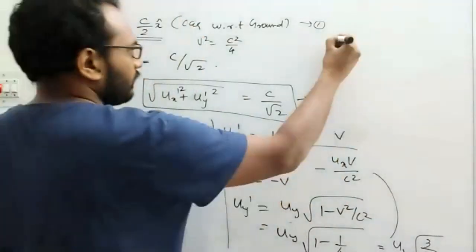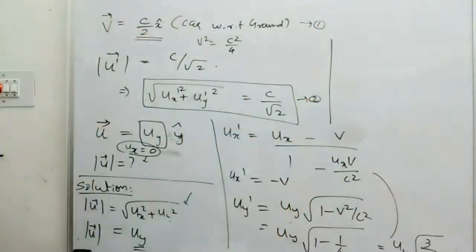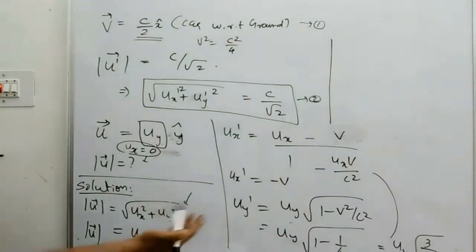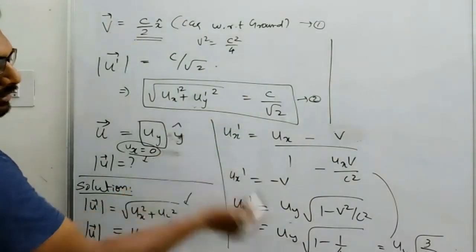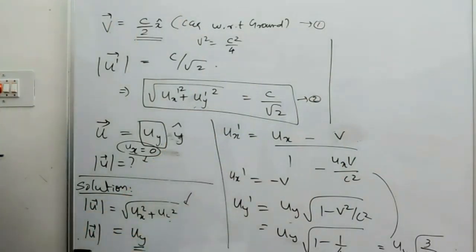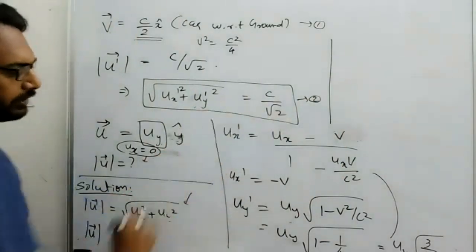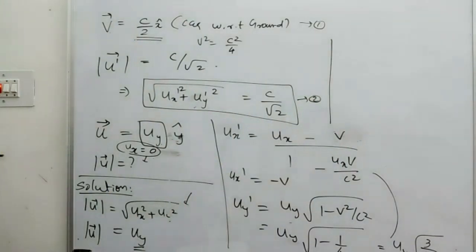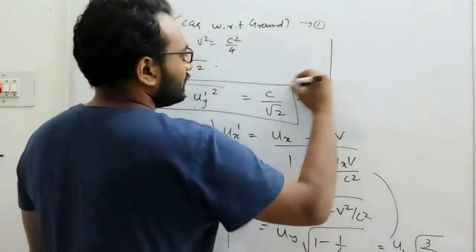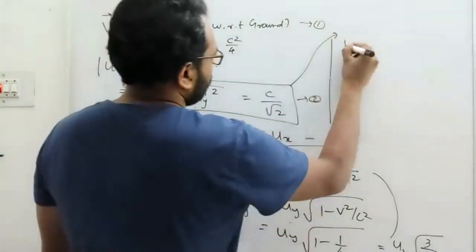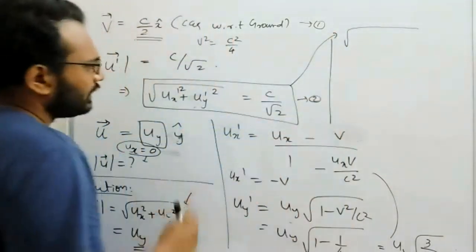Now we have everything we need. We can just substitute it in this equation and find uy, and that would be the answer. Okay, just put it all in here. Ux prime is minus v. So from this equation, we can just square also, right?